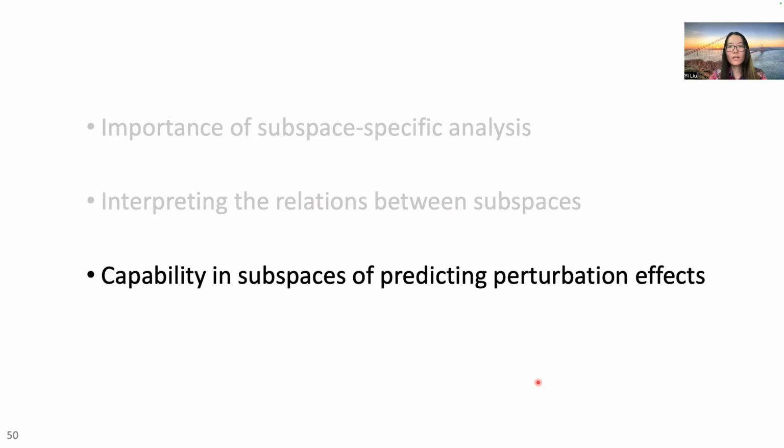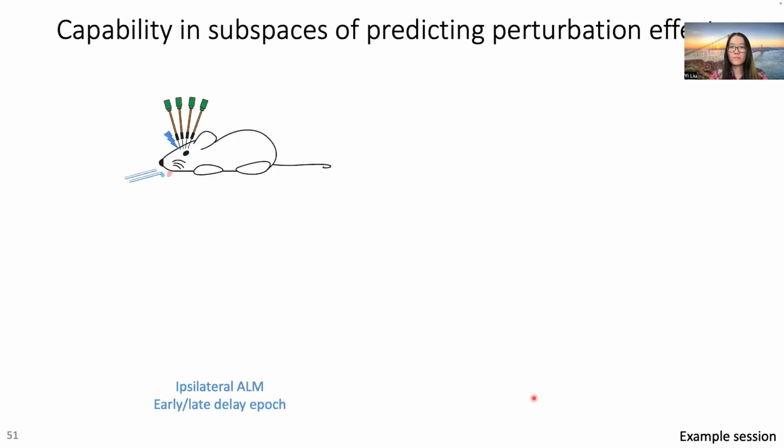In the third part of the talk, I'd like to discuss the capability of subspaces in predicting perturbation effects. Our dataset contains perturbation trials, where optogenetic inactivation is applied to unilateral ALM at the early or late delay epoch.